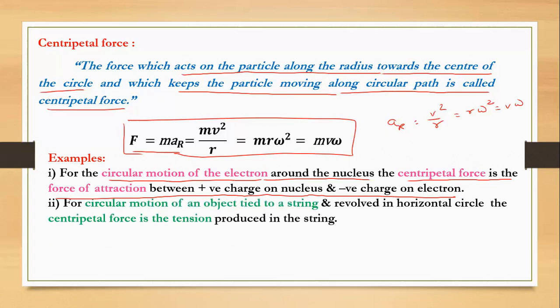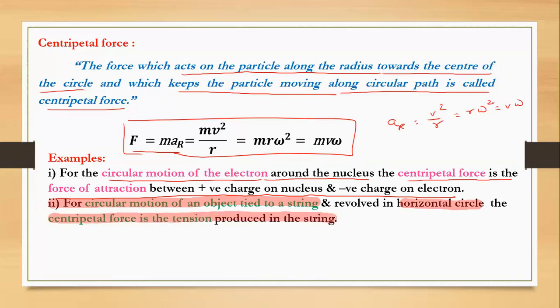Now second example, circular motion of an object tied to a string and revolved in a horizontal circle. Centripetal force is the tension produced in the string.